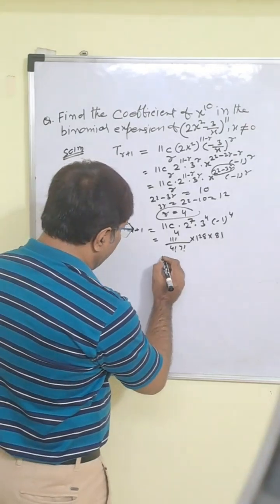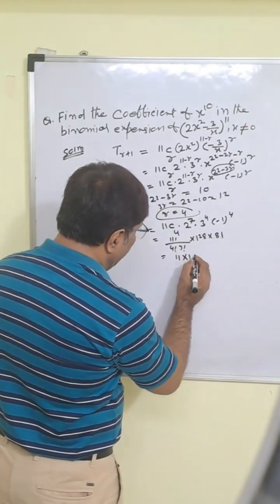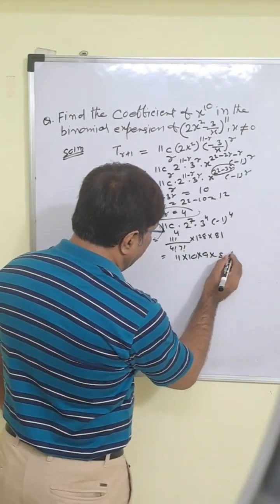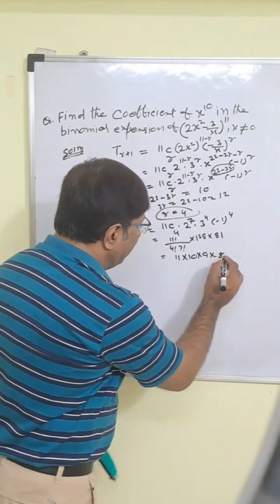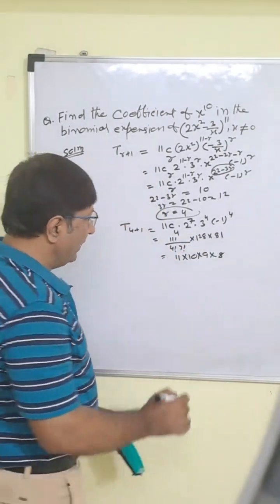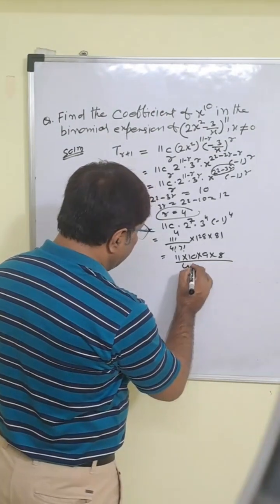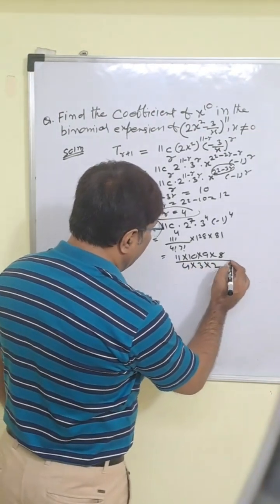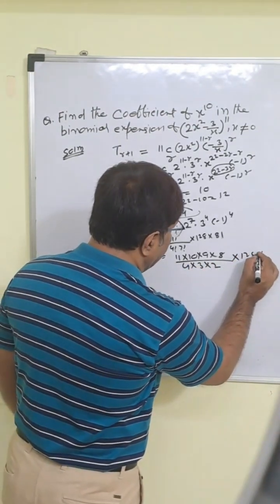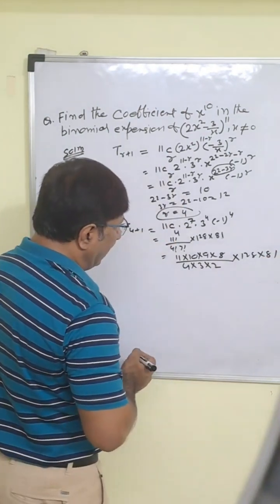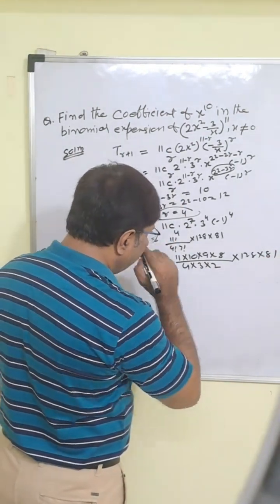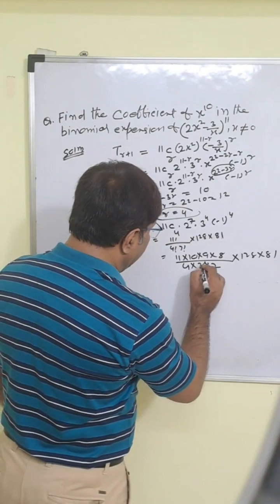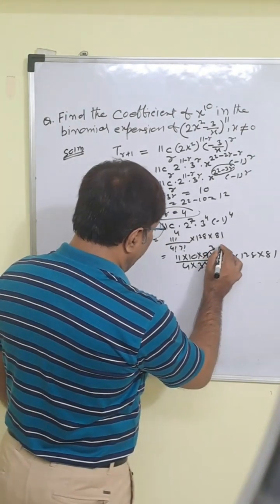Now we can solve this: 11 into 10 into 9 into 8, and after that this 7 will be cancelled out with 7. And now it is 4 factorial, so 4, 3, 2. And now this is 128 and 81. Now you can cancel very easily. 3 3s are 9 and 2 4s are 8.